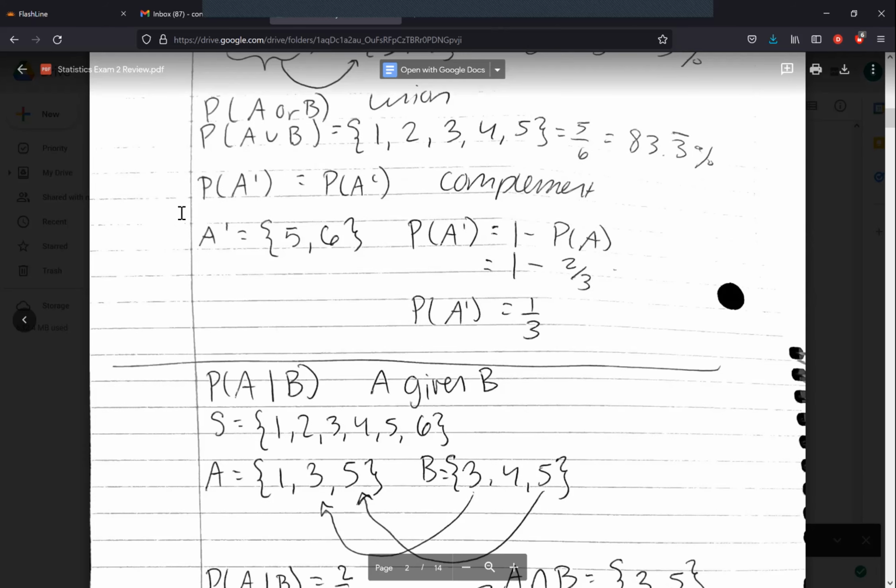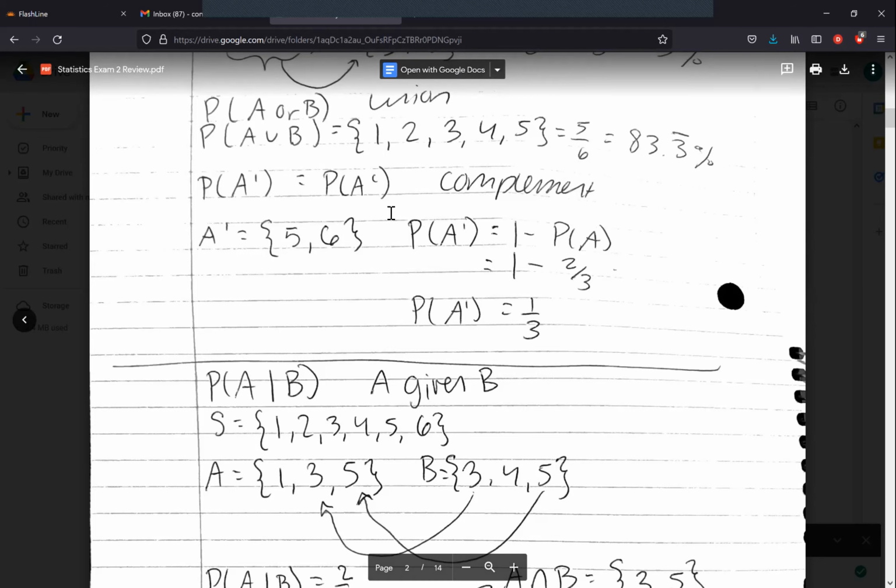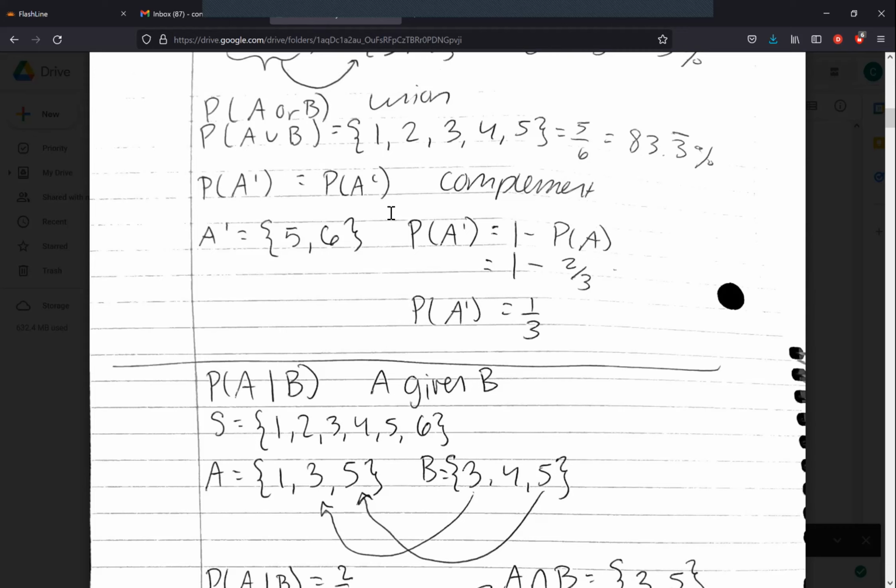Now the complement of a set is all of the values that are not in that set. And we can denote this with a little C exponent. And to find this probability, we just do 1 minus the probability of A, for example.